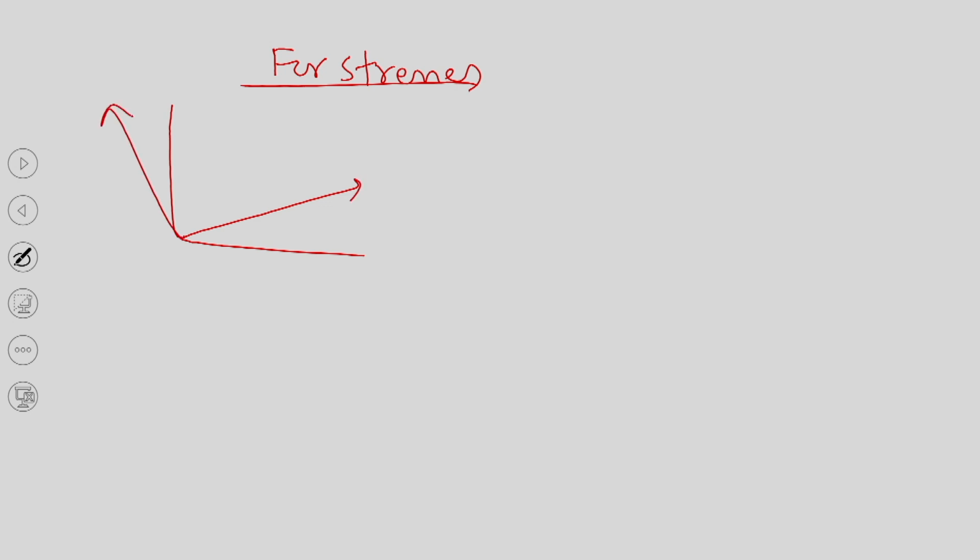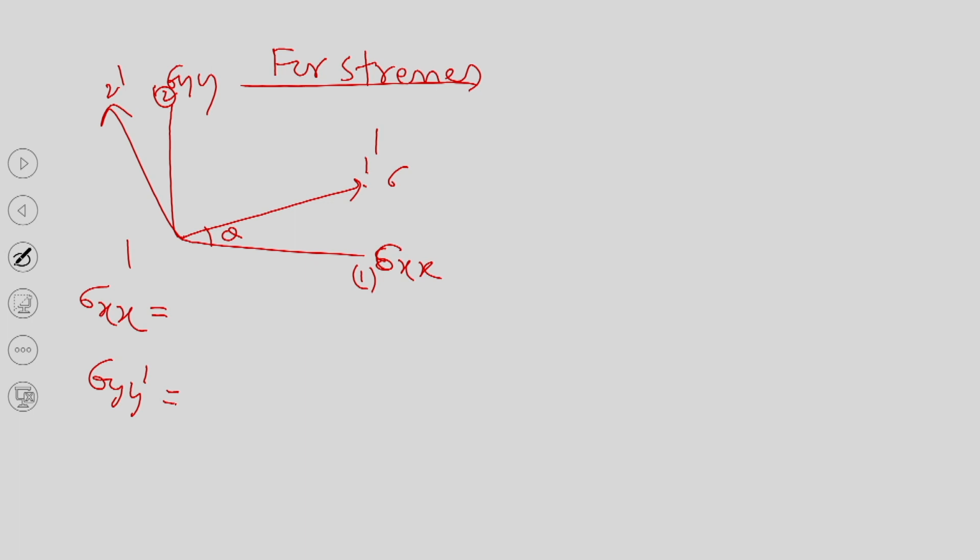Now, for stresses, generally in theory of elasticity, let us say this angle is this one. We know the stresses along the x axis, sigma xx, sigma yy. Not axis 1 and 2, but 1 dash and 2 dash. Our aim is to find sigma xx dash, sigma yy dash.